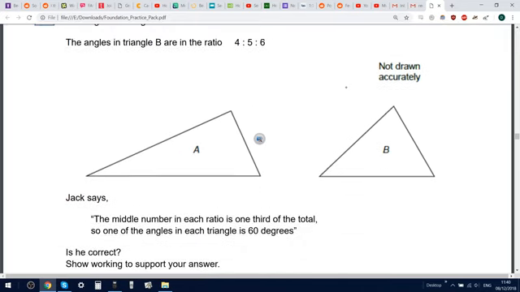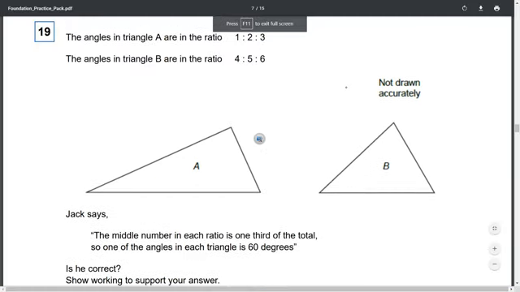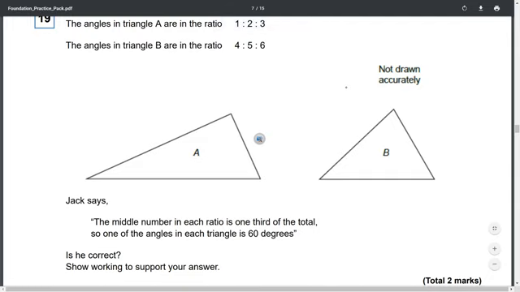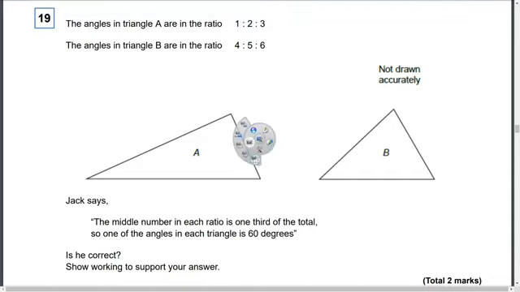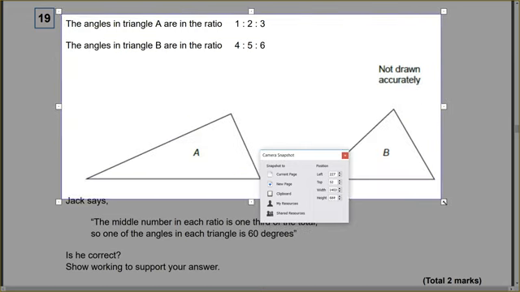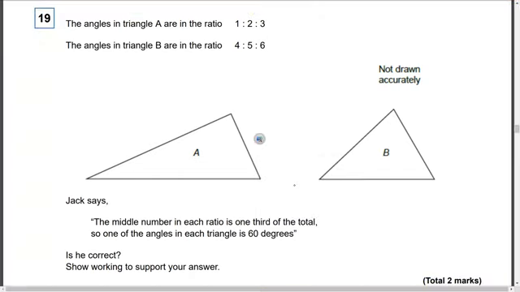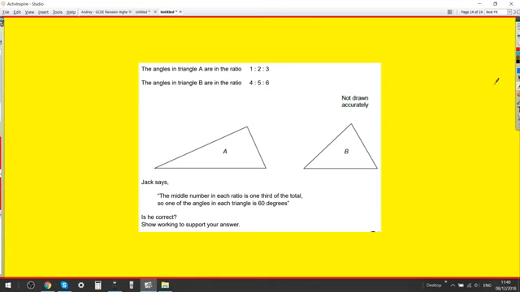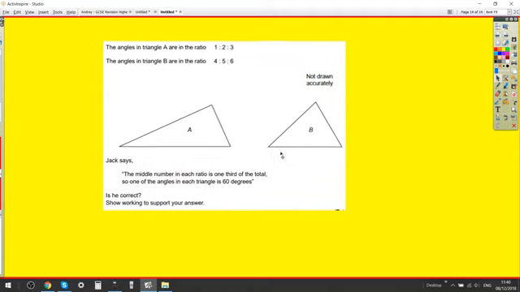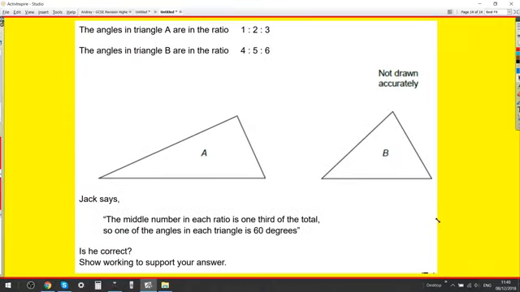Okay. How about this one? I'm not sure. Let's see, 1, 2, 3, and 4, 5, 6. Oh, let me read this. The middle number in each ratio is 1/3 of the total. Is the middle number in each ratio 1/3 of the total?